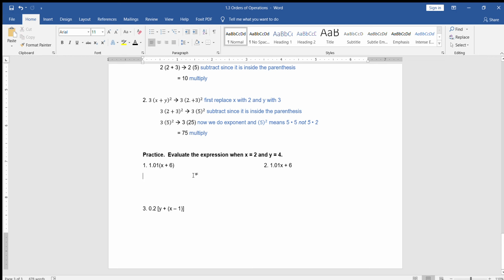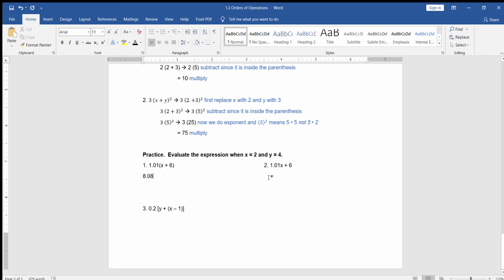So it's actually 1.01 times, what is 2 plus 6? 8. So your answer should be 8.08.